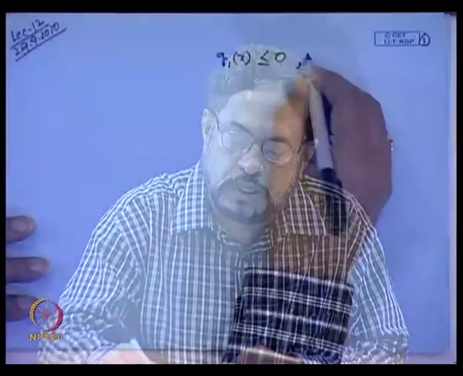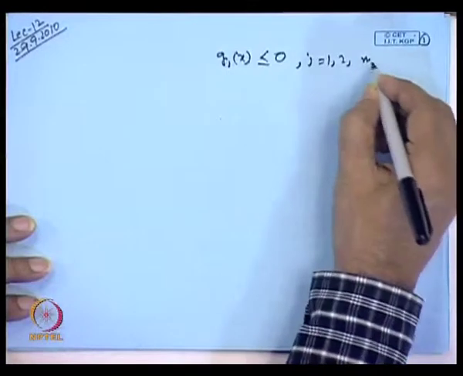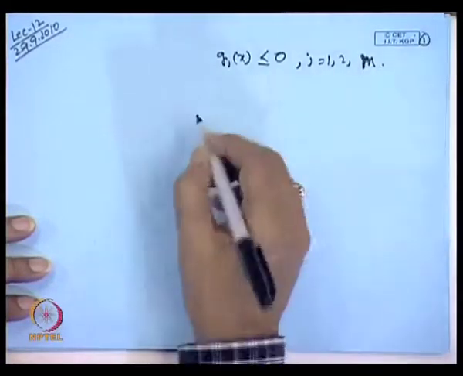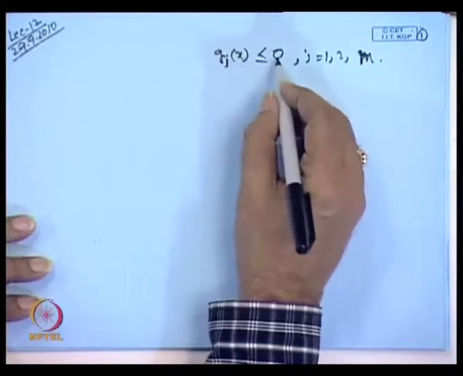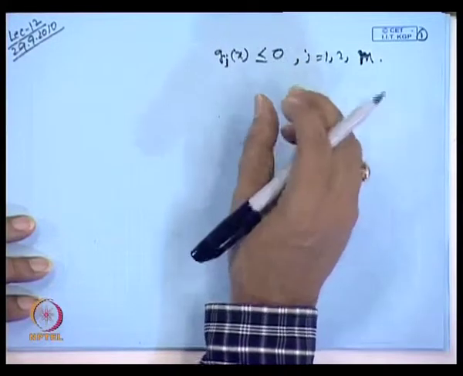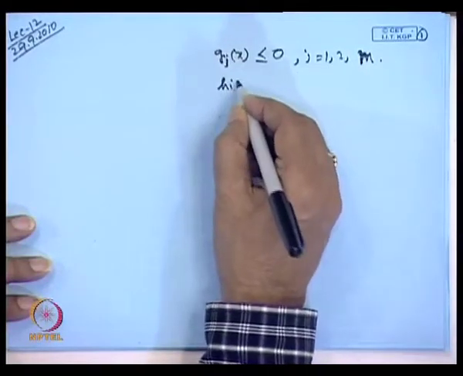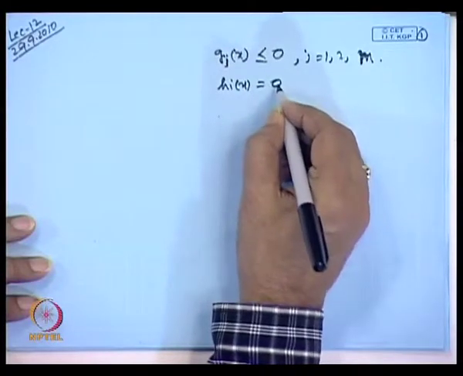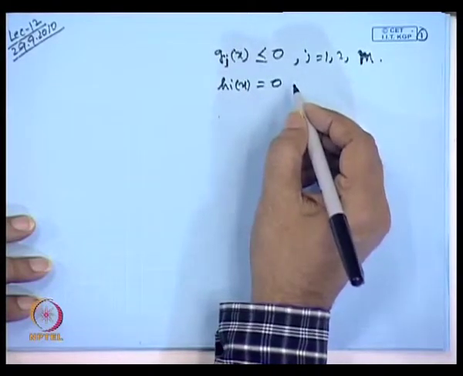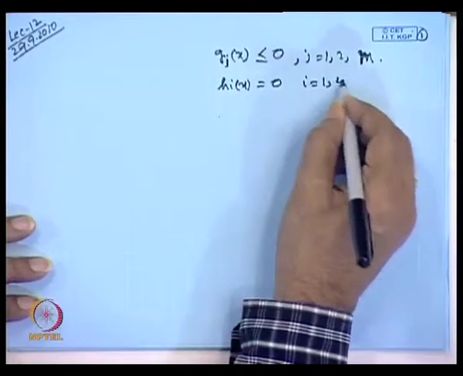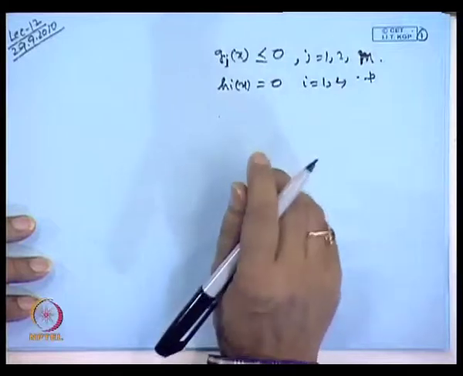We also saw that there are inequality constraints and equality constraints. If the inequality constraint g_j(x) is less than or equal to 0, for j equal to 1 to m, is perturbed with a small positive number, and also the equality constraint's right-hand side is perturbed with some positive number, for i equal to 1 to p, there are p equality constraints.